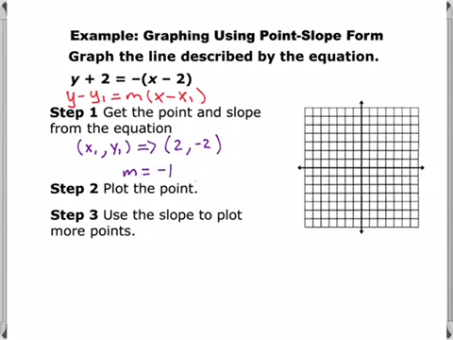So in this case, we plot the 2, -2 first. So there's our point, and we apply our slope. Down 1, right 1, repeated several times. And we connect our points to make our line. And that's our line.